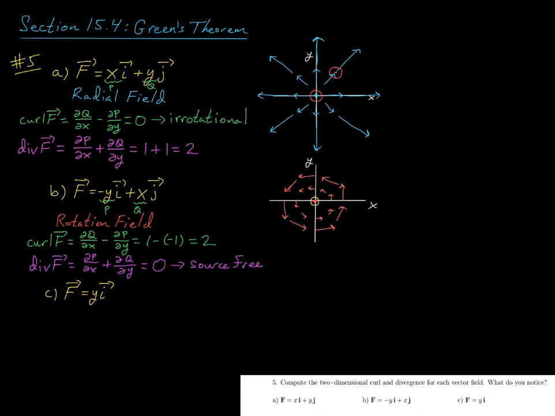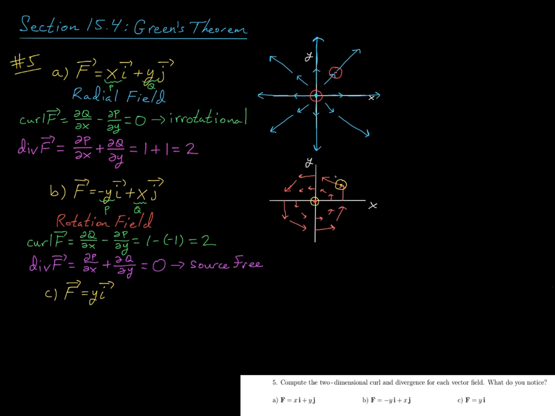Now, if I place, say, a little circle over here, imagine putting a little paddle wheel in this location, well, again, we're going to get this rotational tendency that's created by the field. Now for the vectors hitting the paddle, say down here, they're going to want to push this thing clockwise.